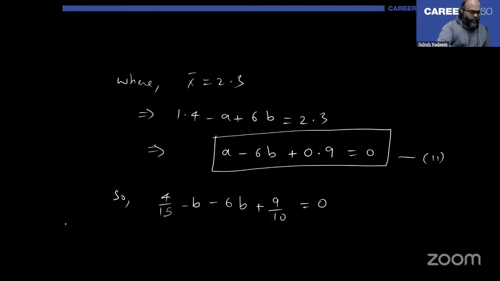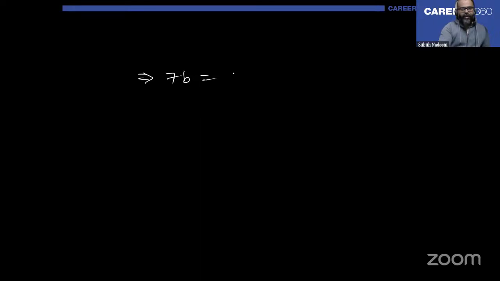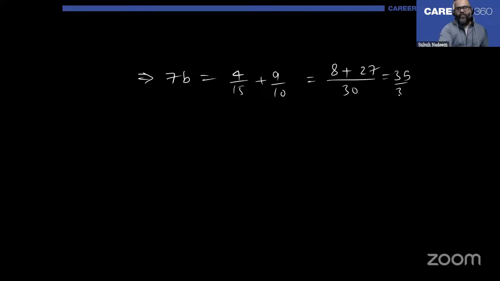Fine. Then what we get is 7b is equal to 4/15 plus 9/10. We take the LCM as 30. So 15 to 30, this will be 8, 10 to 30, this will be 27. So it is 35 by 30. So b will become, 7 fives are 35, 35 by 30 divided by 7, that is 1 by 6. So b is equal to 1 by 6.